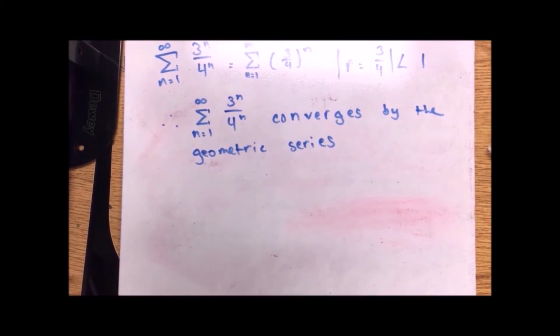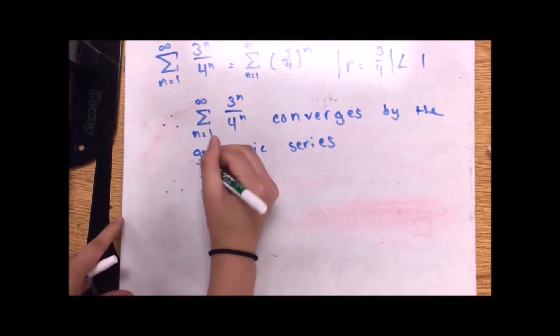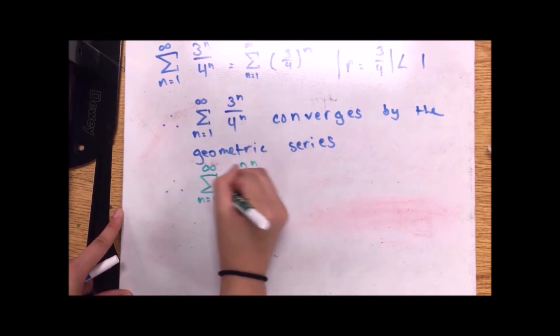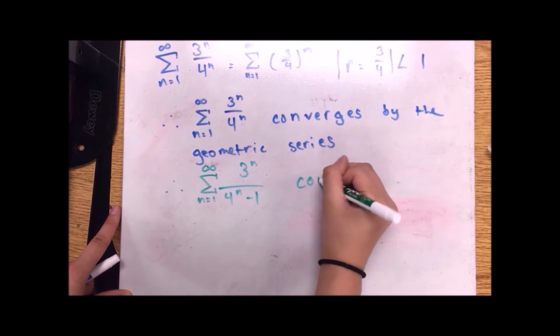Therefore, the series of 3 to the n over 4 to the n minus 1 converges by the limit comparison test.